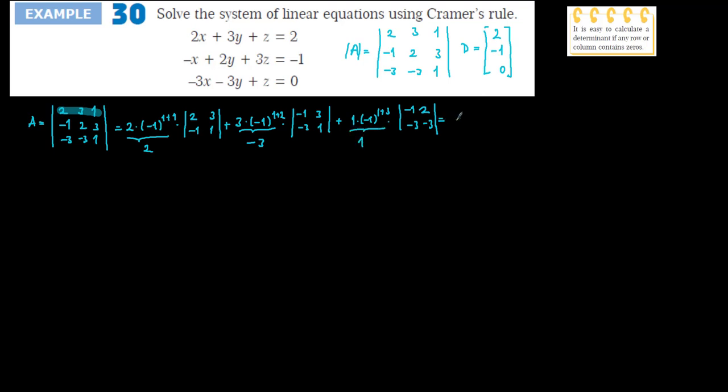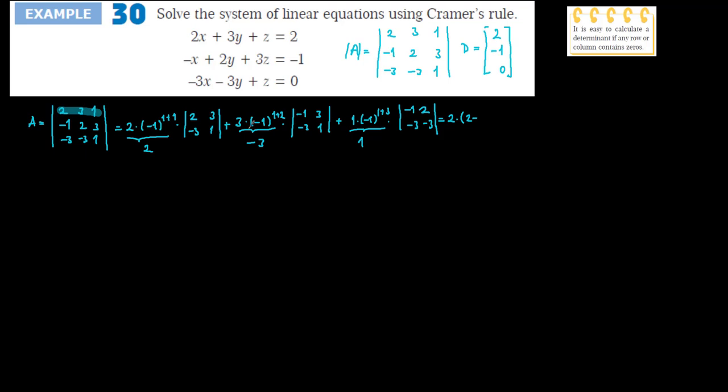So if I rewrite the terms here, this is going to be equal to 2 times, in parentheses, 2 times 1, minus 3 times 3. I'm sorry, here this should be minus 3, because it's 2, 3, minus 3, 1. I made a mistake.